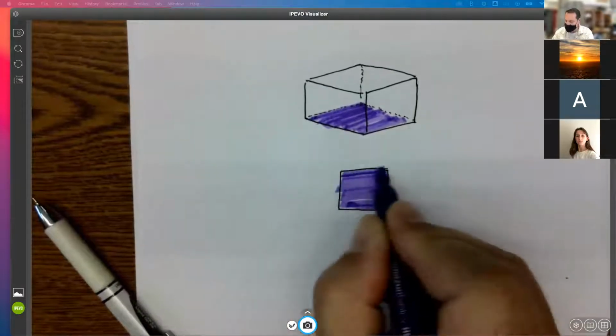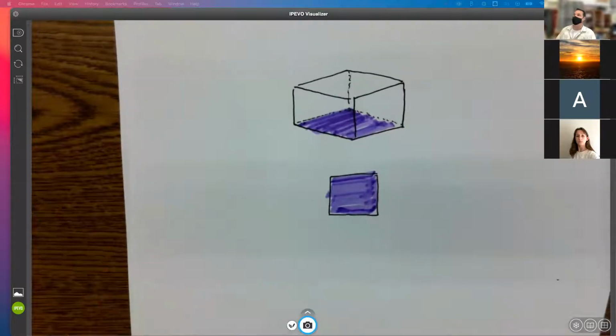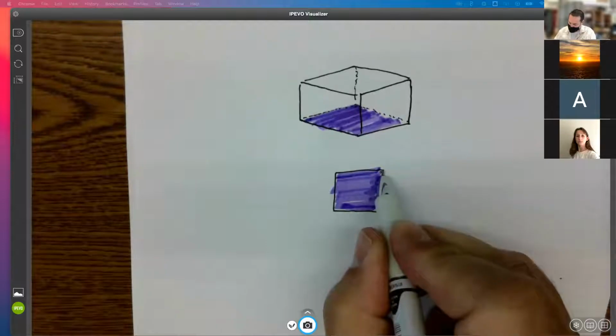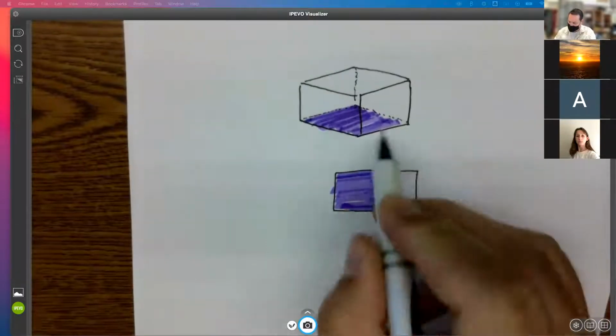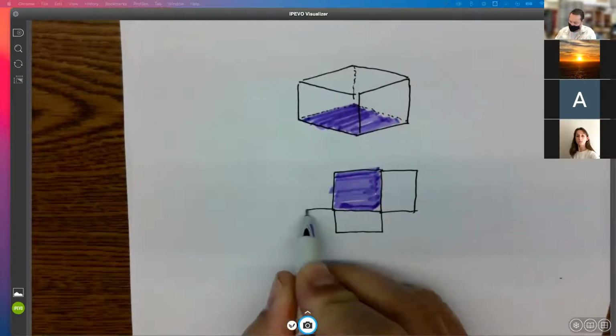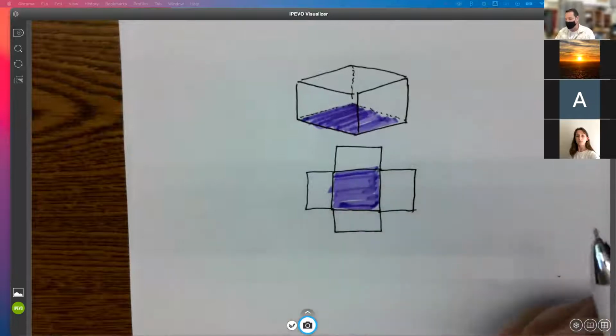This is called a net, or an explosion, so to speak, of a three-dimensional figure into its two-dimensional components. And what we'd see is that I could have one wall over here, and one wall over here, and one wall over here, and one wall over here.